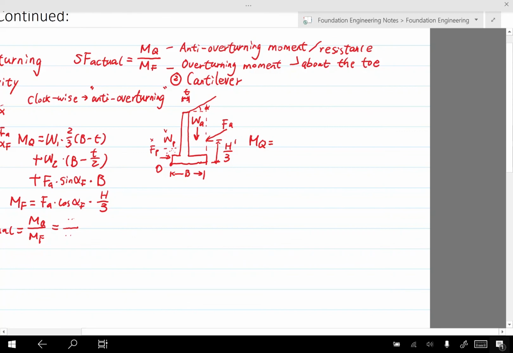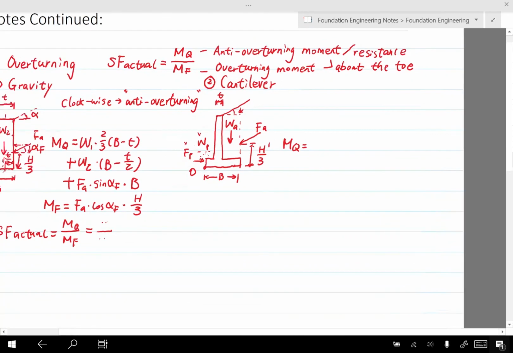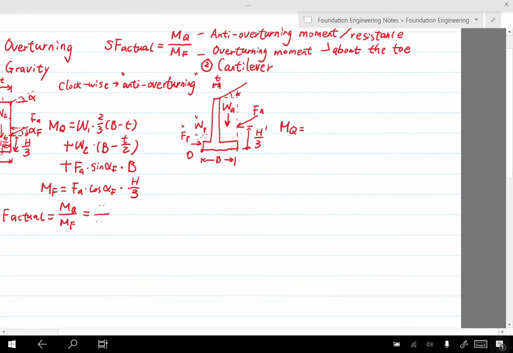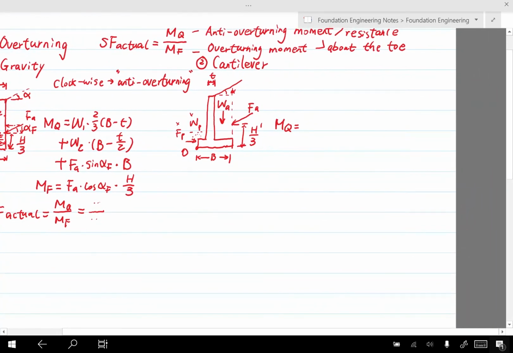For MQ, we need to do it in a similar way to what we did for the gravity wall. So we need to divide the cross section of this cantilever wall into multiple regions, and each region would have a basic geometry, either a triangle or a rectangle, because only for these basic geometries do we know their centroids. So here we will not do that, but I will write it in a general way.